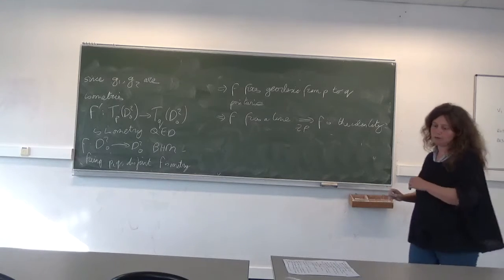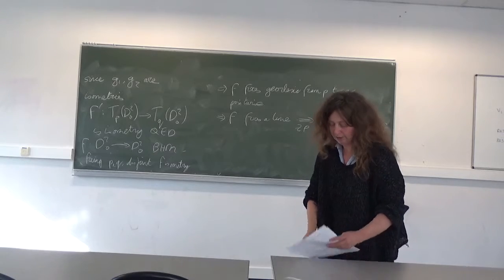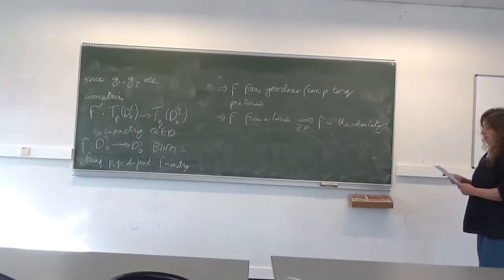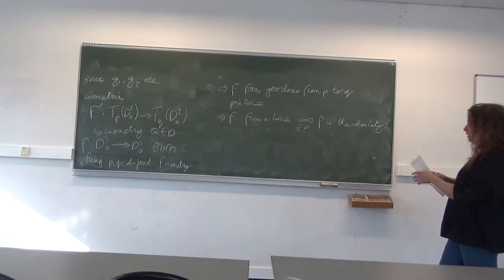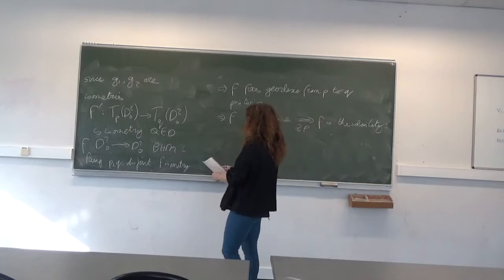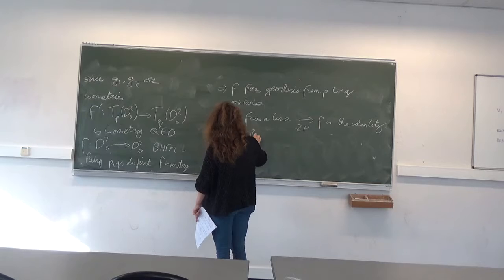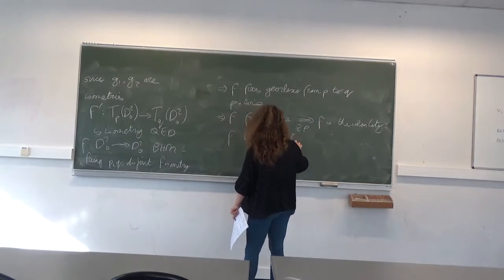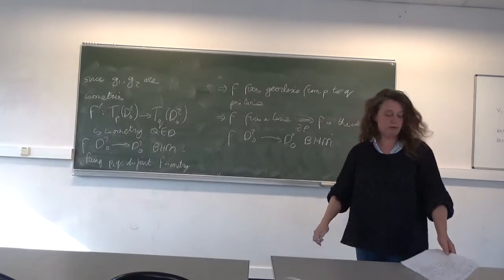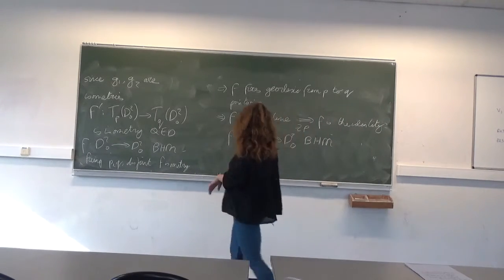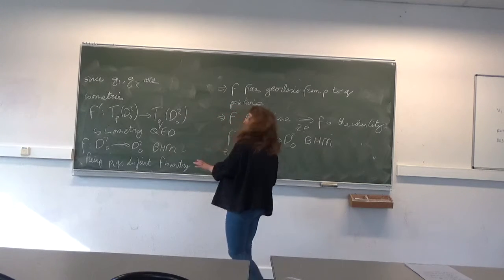Okay, so now what I want to prove is that any automorphism of D2, 0, any biholomorphism of D2, 0, is actually a Möbius transform. So suppose that f going from D2, 0 to D2, 0 is a biholomorphism, and I'm going to take 2 points, Z1 and Z2 in D2, 0, which can be anything, they just have to be different.